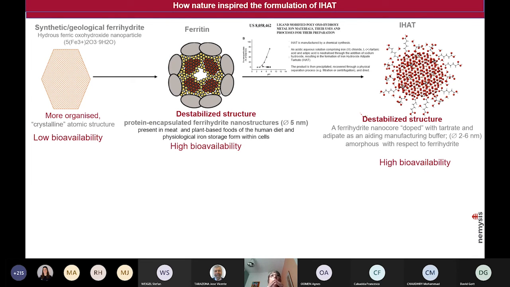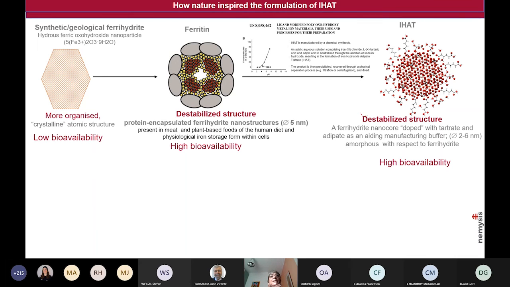If we start from iron in nature, the geological form of iron, we are speaking of a ferrihydrate. This is a hydrous ferric oxohydrate nanoparticulate form that is quite crystalline in presentation.